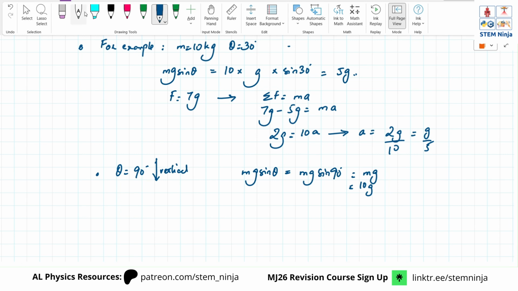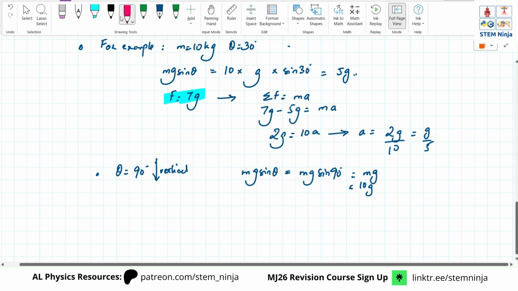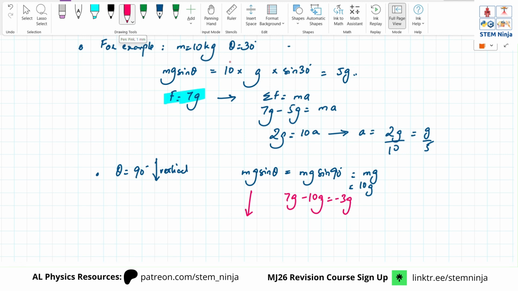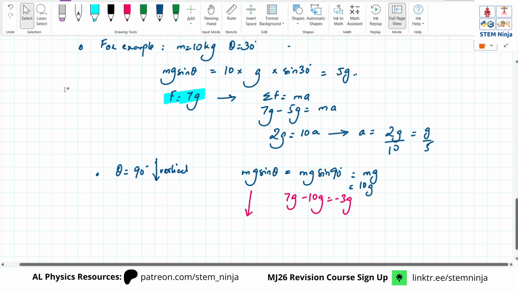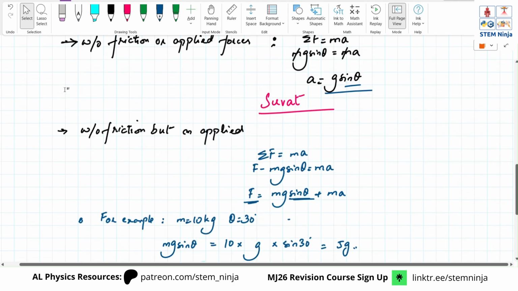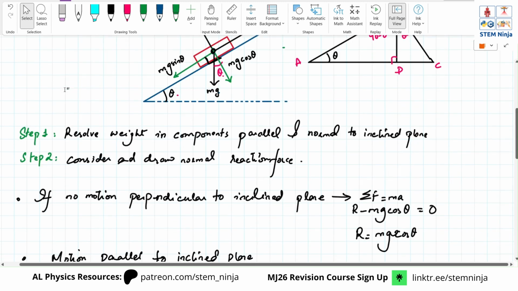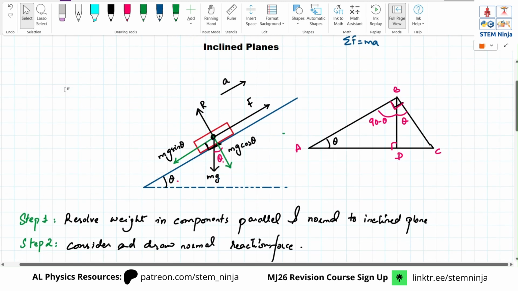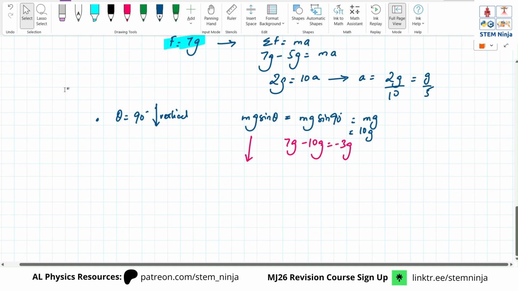In that case, 7g would have been insufficient. So 7g minus 10g would have been minus 3g, so it would have actually gone downwards. So the angle over here reduces your effort. That's why it's easier to push heavier items on an inclined plane rather than lift them vertically. Now, what if we add a friction component over here?